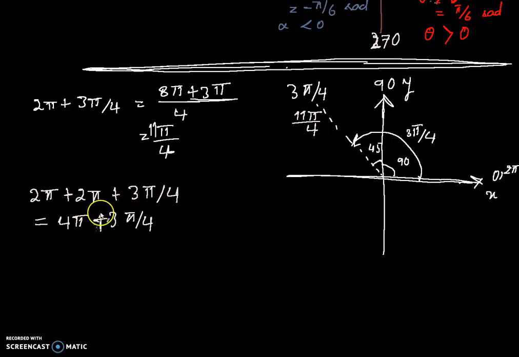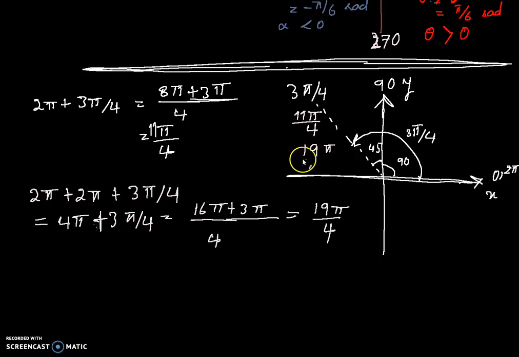So you have 4 pi plus 3 pi by 4. 4 into 4 is 16 pi plus 3 pi, you get 19 pi by 4. So this could also be called 19 pi by 4, and that would be correct. That's how it works.